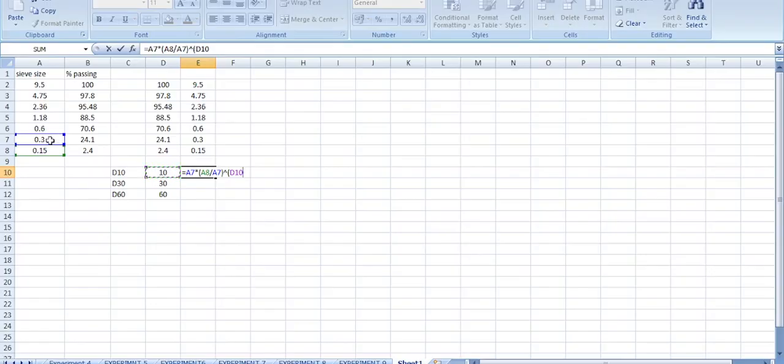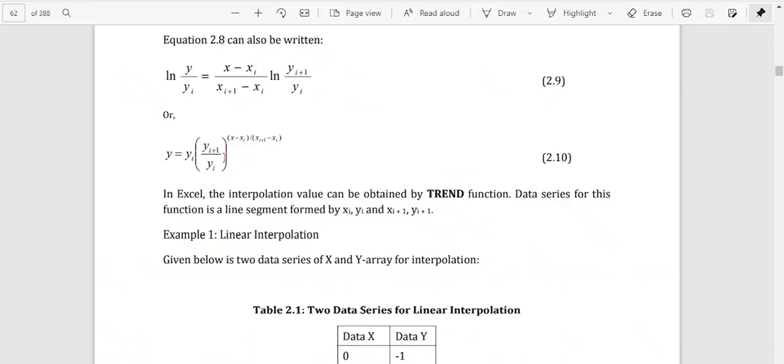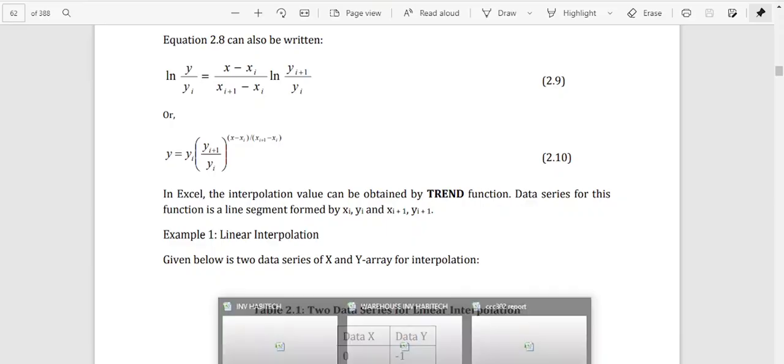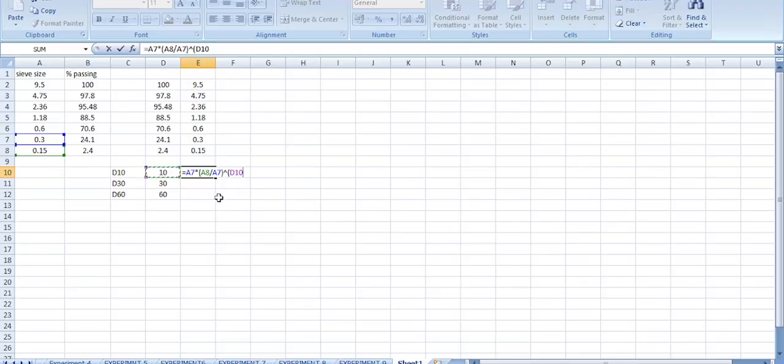Alright, so let's check, be sure of our formula. So you have x minus si, another x minus si. This is our x minus si. So this is our si.